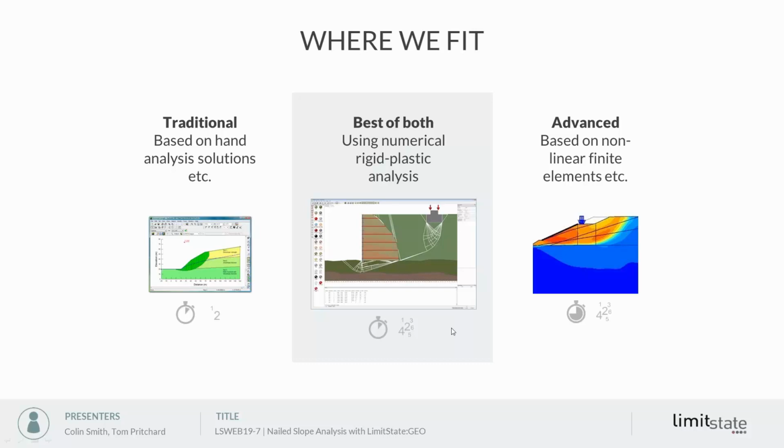So, basically, the software sits in the middle between traditional approaches, which are fast but somewhat limited in the range of problems they can deal with, and nonlinear finite elements, which are extremely flexible in what they can model, but often take much longer to use and a degree of expertise in use.